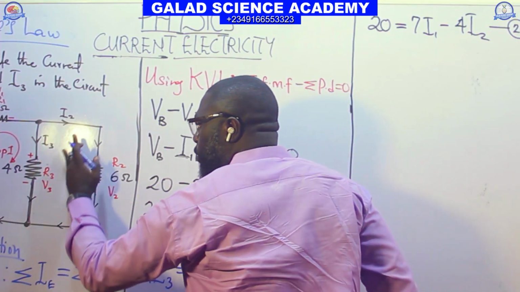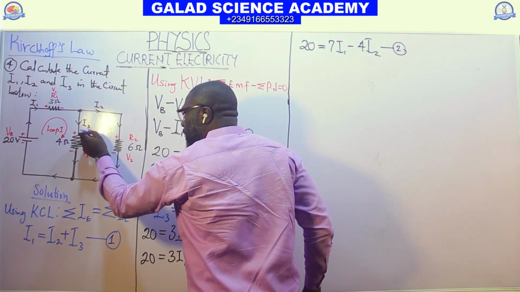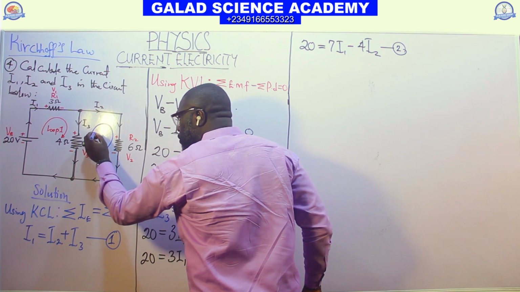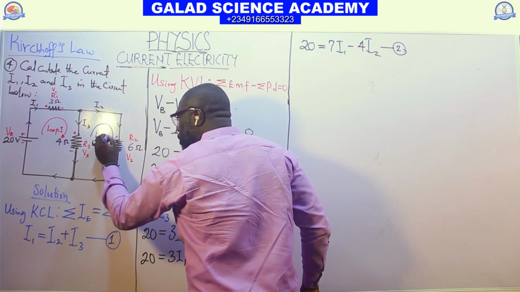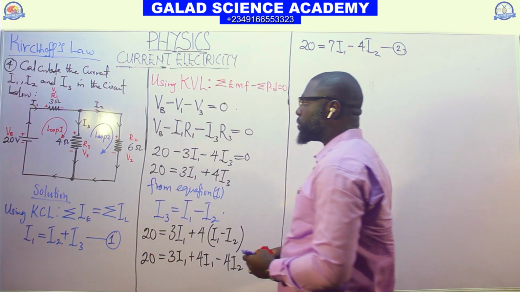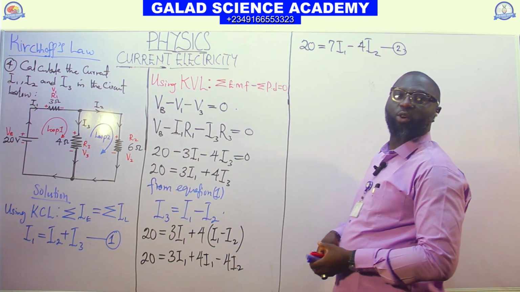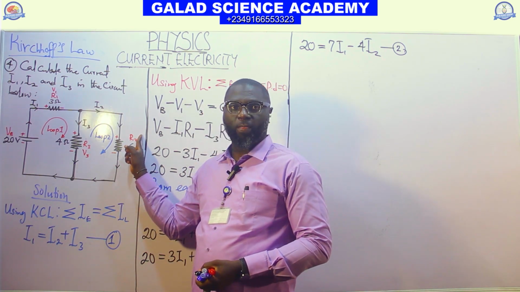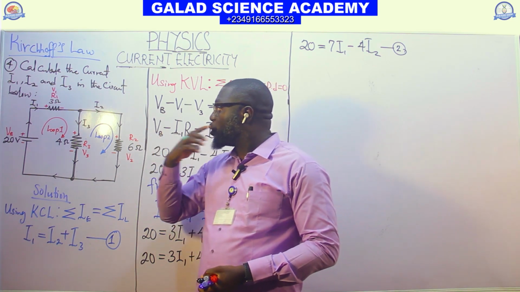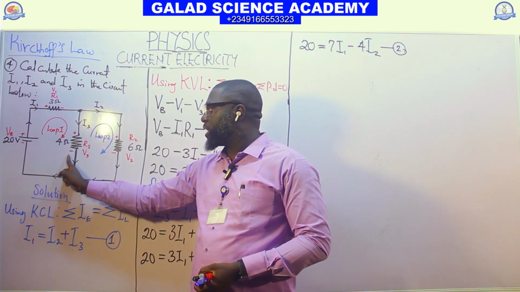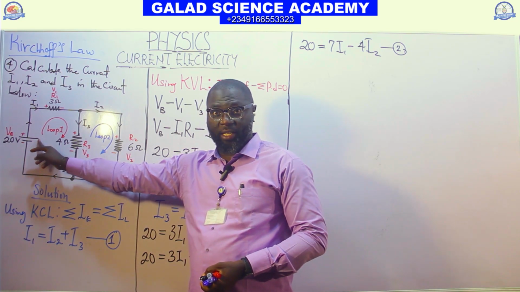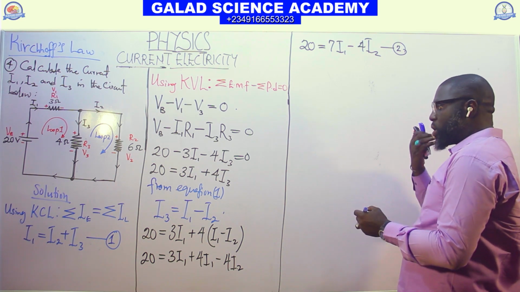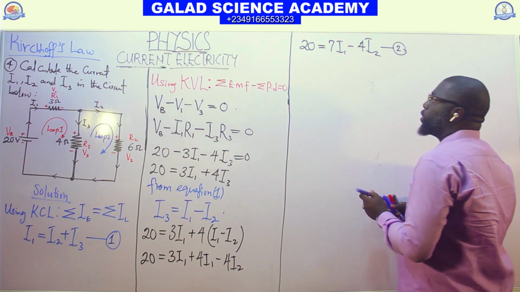So we are done with this first loop. Let's take the loop for the second loop here. This will be loop 2, the second loop. This second loop comprises R3 and R2 alone. The first loop has R1, R3 and a VB source.